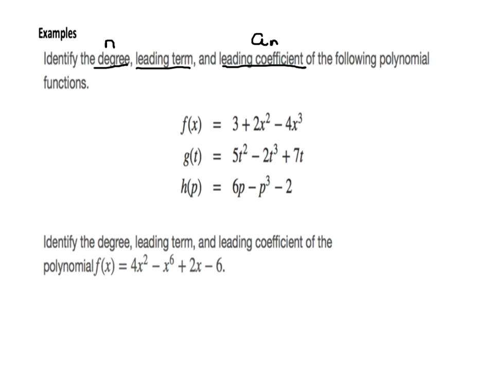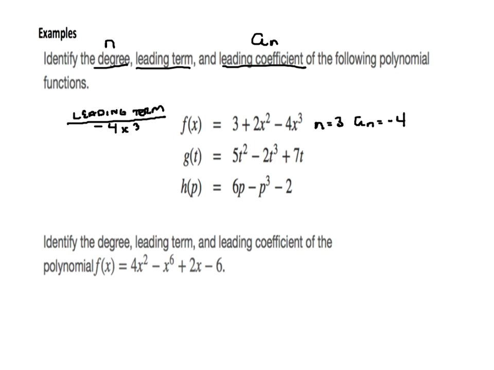So the leading term here is negative 4x cubed, which means that n is 3 and a sub n is -4. So you always have to identify the highest power to know which one is the degreed term.